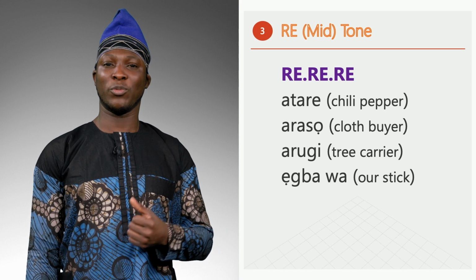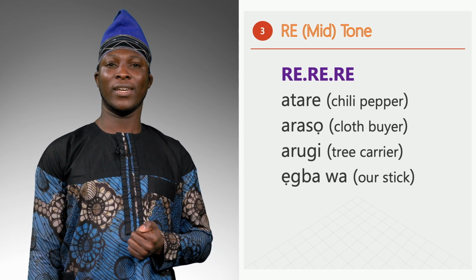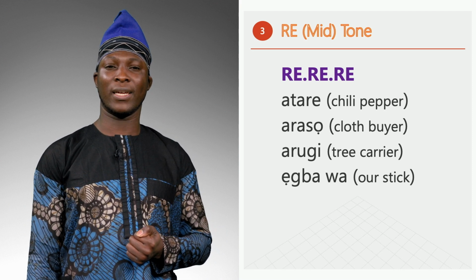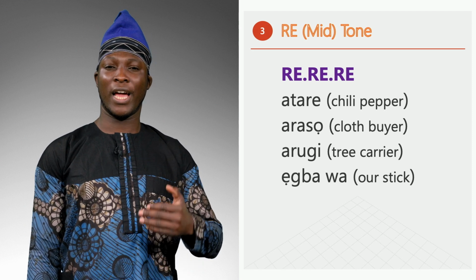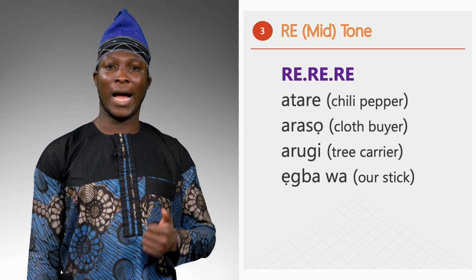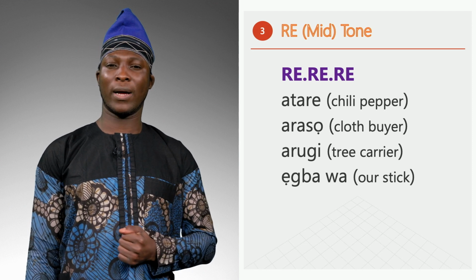Apart from the 2 tones that we just examined, which is the low tone, and now we just looked at the high tone, there is the mid tone in Yoruba. And the mid tone can occur in all kinds of syllabic structures. So trisyllabic words with mid tones can be found in words like atare, arasho, arugi, egbawa.